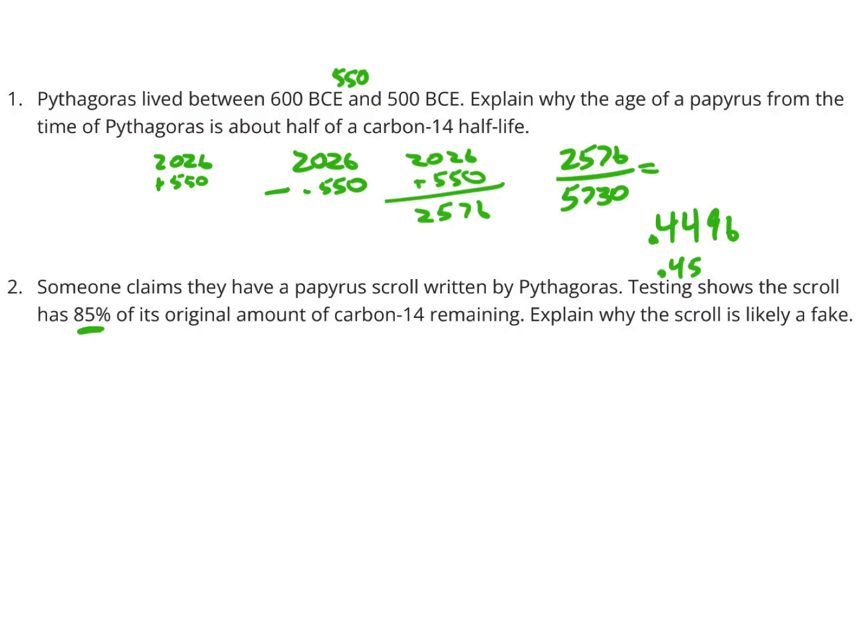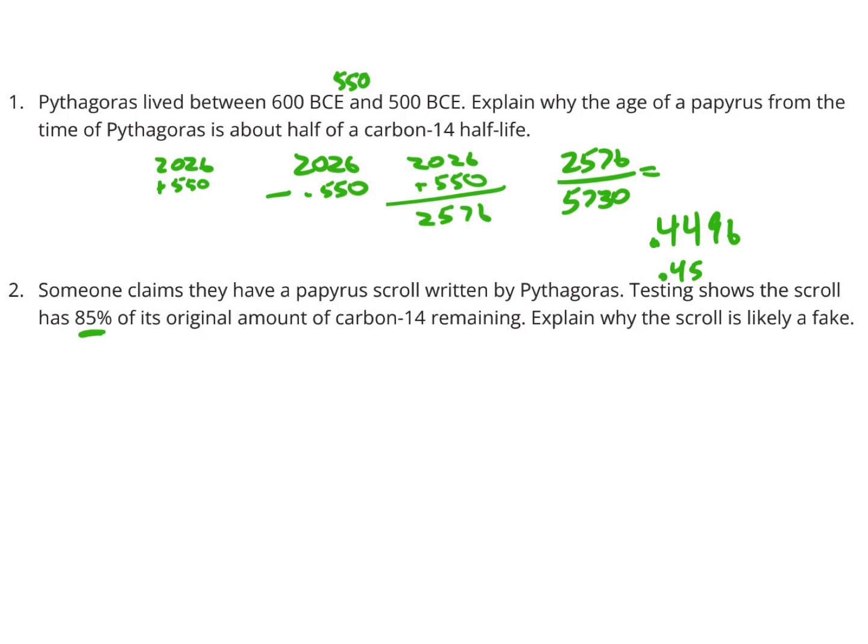Okay, now if we were to do this mathematically, if half the time expired, we would raise our rate, 1/2, to the 1/2 power, because we said Pythagoras is about half of a carbon half-life. So a half of a half gives us 0.7071 and a bunch of numbers. We're just going to say 0.71, which is about 71%.